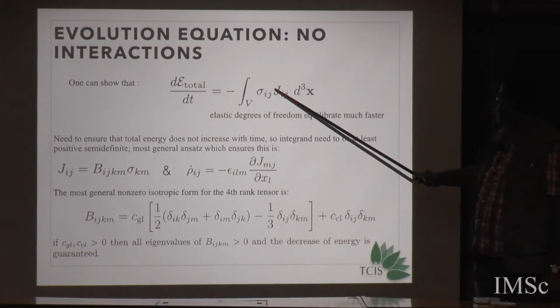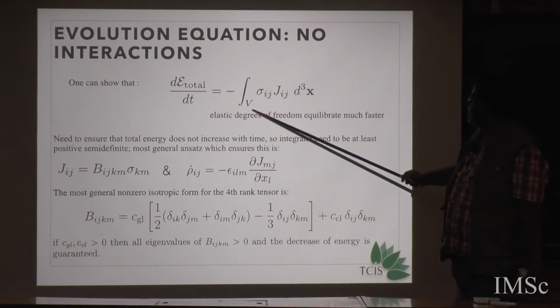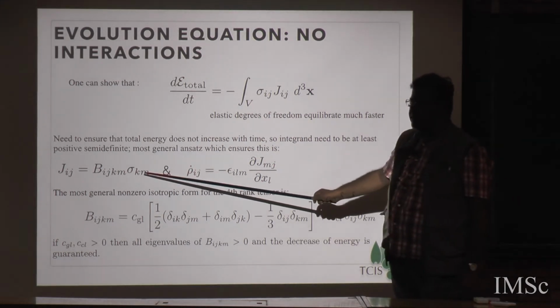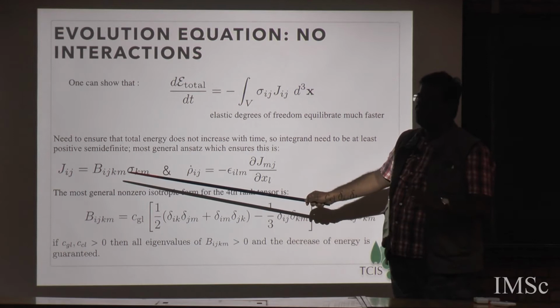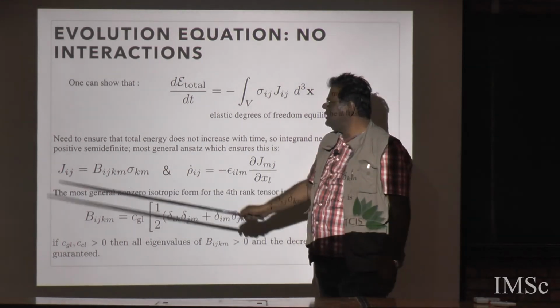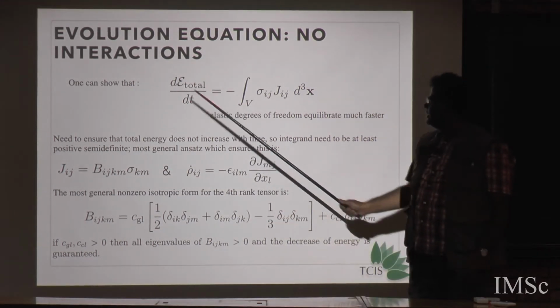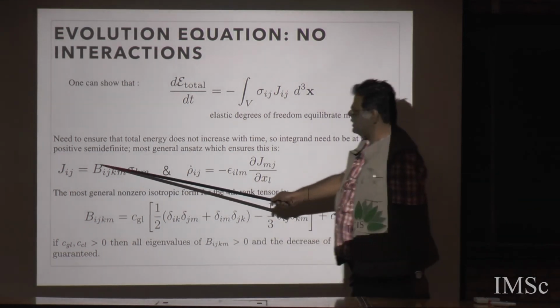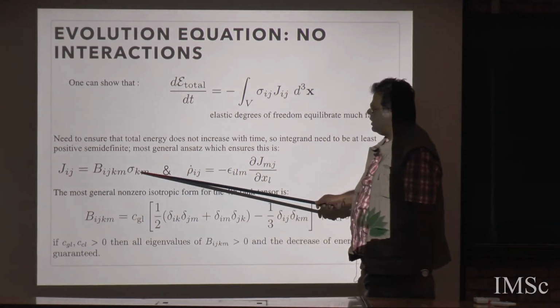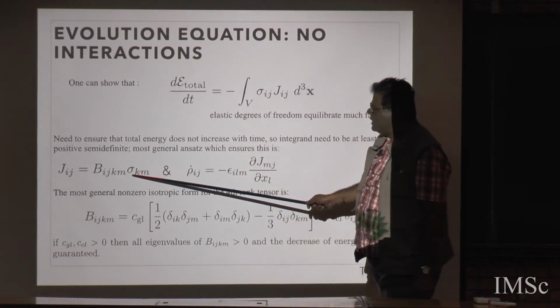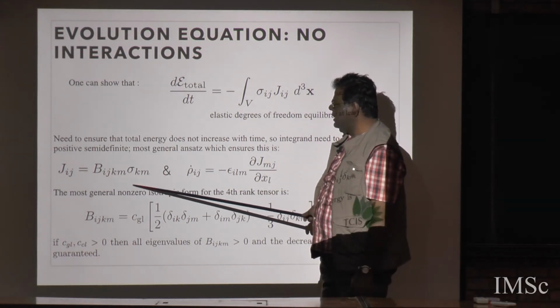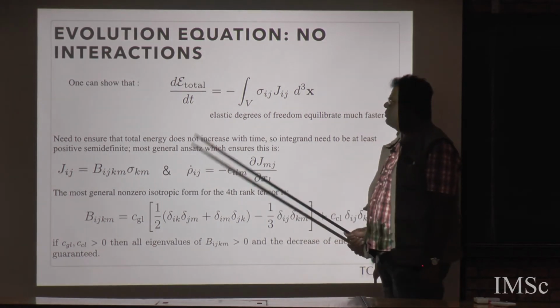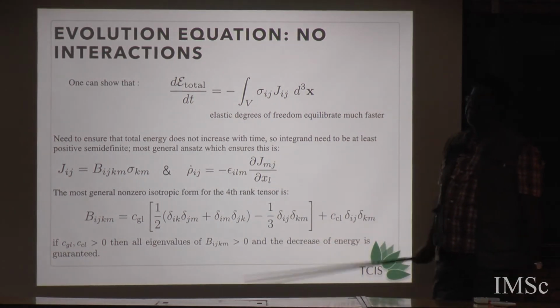Now one can show the most general form. What is the most general form for Jij such that the energy always decreases? This quantity has to be positive semi-definite. One can show that the most general form is like this: if Jij has to be a function of the stress, then it has to be related to the stress linearly, and one can plug this in and prove that the energy always decreases.